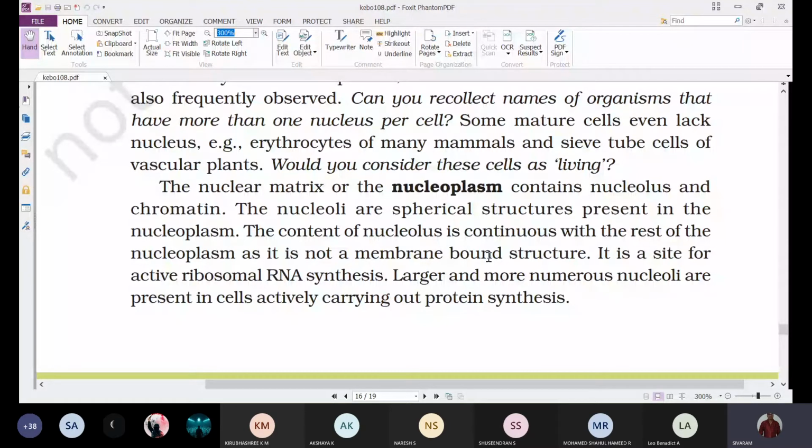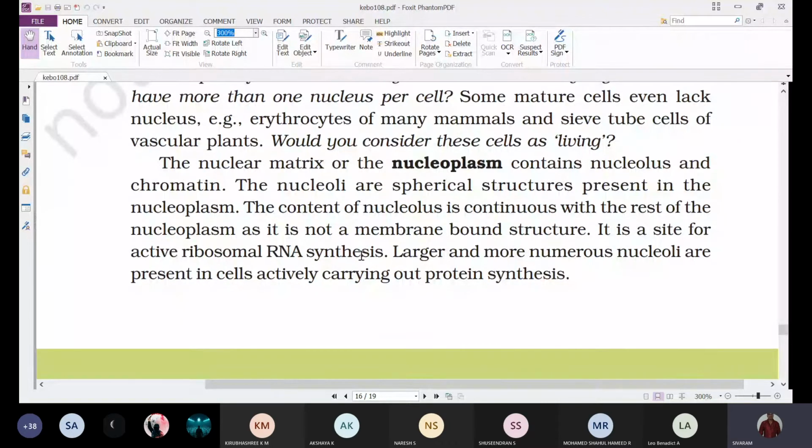It is a site for active ribosomal RNA synthesis. The RNA that is associated with the ribosome is called ribosomal RNA.